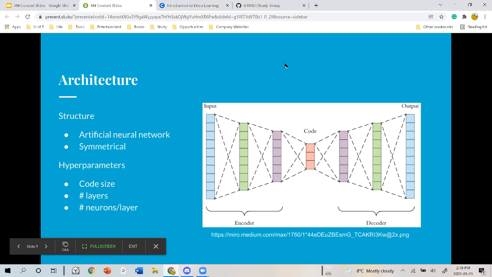And of course, as with any neural network, you can change the layers and the number of neurons per layer. So when you alter its architecture, you also change how it's learning and how it's being reconstructed. Yeah. So that's the architecture. It's very symmetrical.